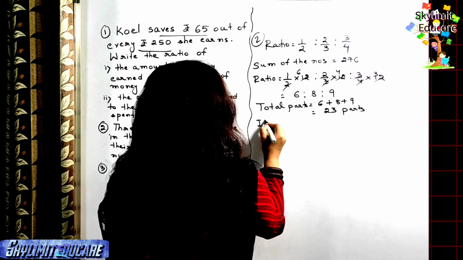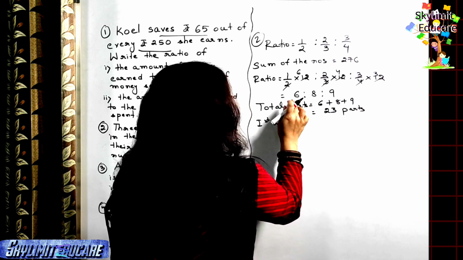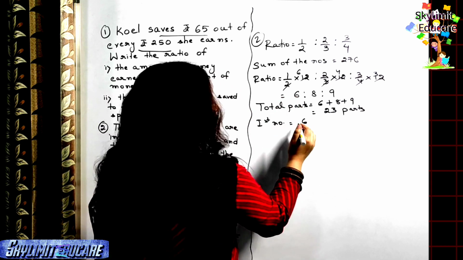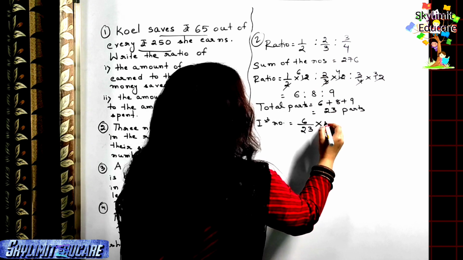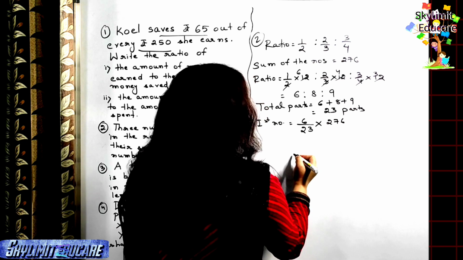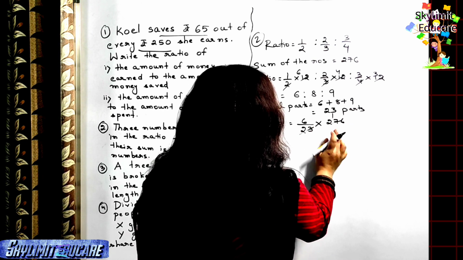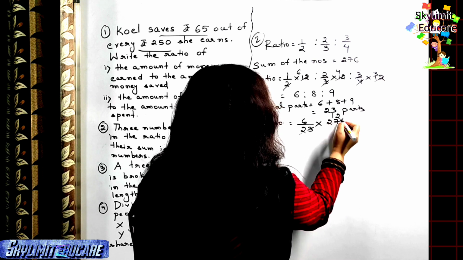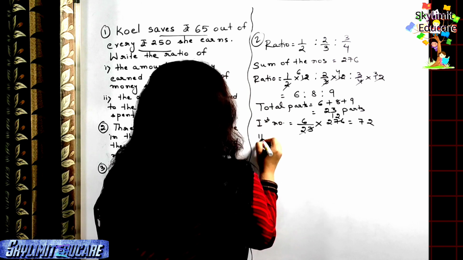Now the first number is represented by the ratio 6. So 6 out of the total parts multiplied to the sum of the three numbers. So this goes with 23: 23 ones are 23 and 23 twelves are 276. So the first number is 72.